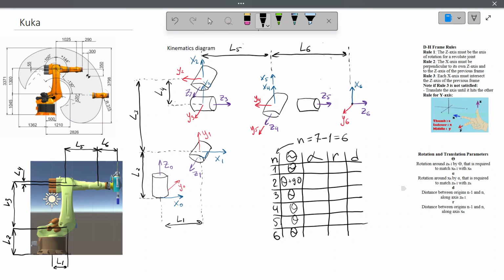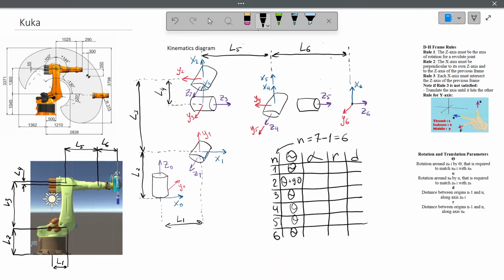Next we see what is alpha. So it's rotation around the current x-axis to match the previous z with the current z. So again, firstly, we take a look at these two, zero and first origin.